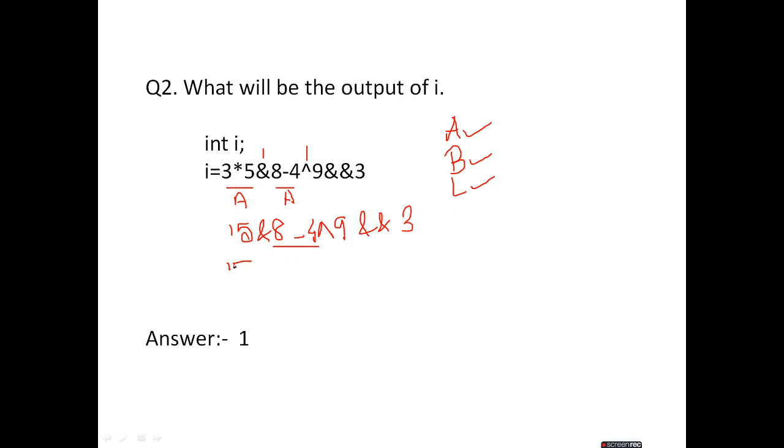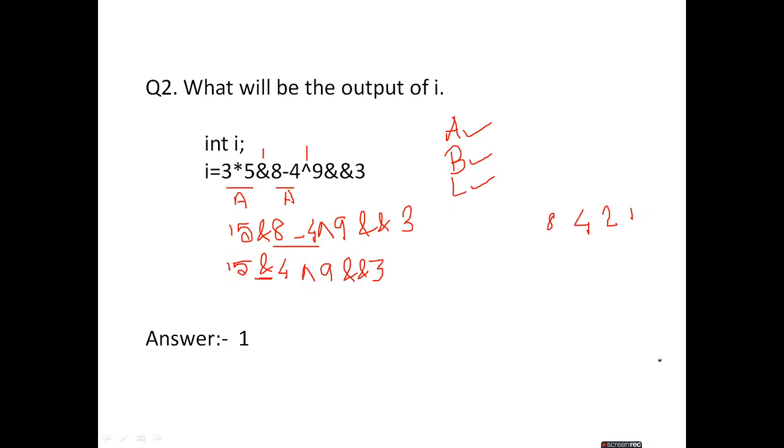So 15 & 4. This is the bitwise and operator, then XOR 9 and logical and. Now we will perform the bitwise and operation. For the bitwise and operation, the bit places are 1, 2, 4 and 8.